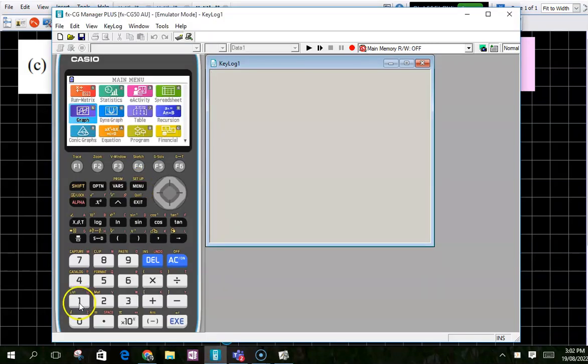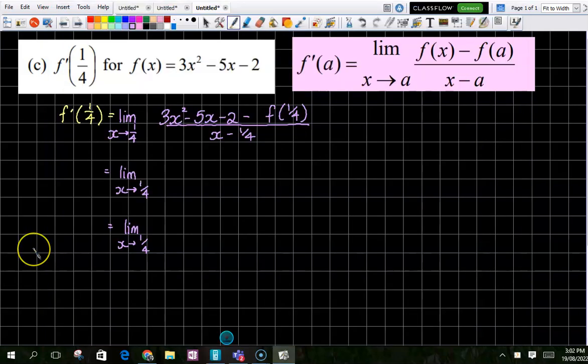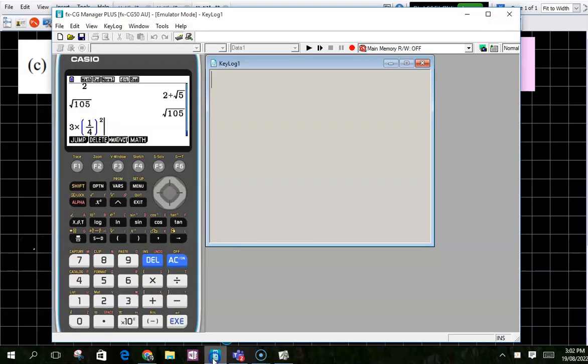So over here, 3 times 1/4 squared minus 5 times a quarter minus 2. Yowza! Minus 49 over 16.